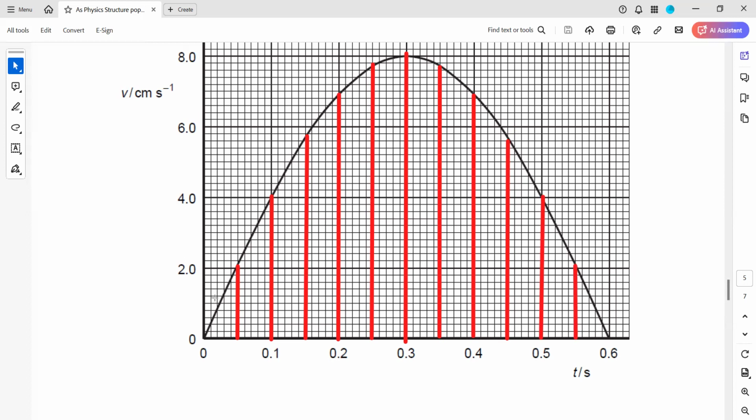And the equal horizontal, it's up to you. For example, 1, 2, 3, 4. Here we have 10, so 5 boxes. 1, 2, 3, 4, 5.